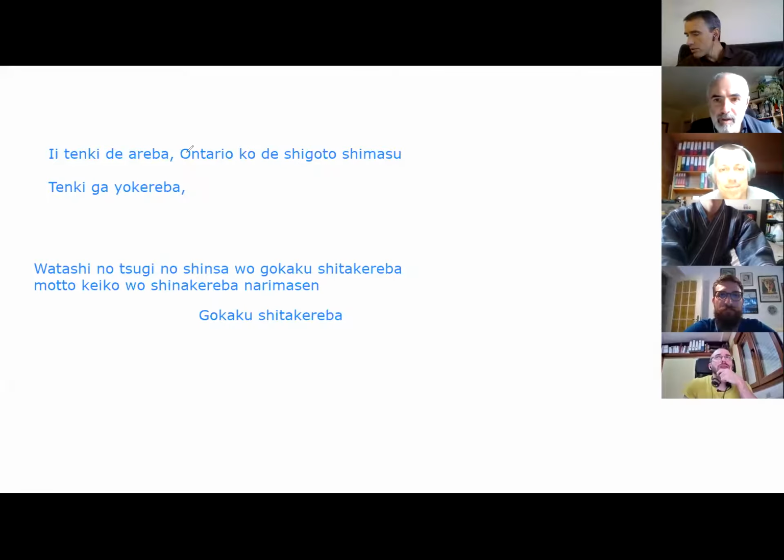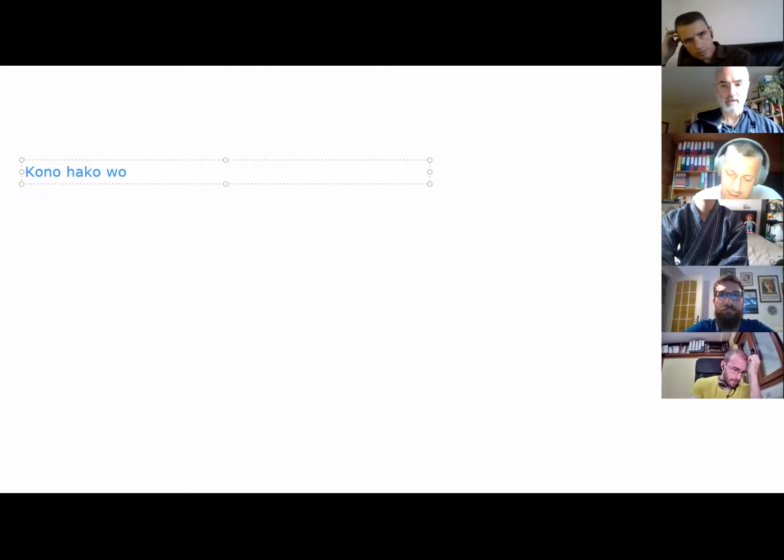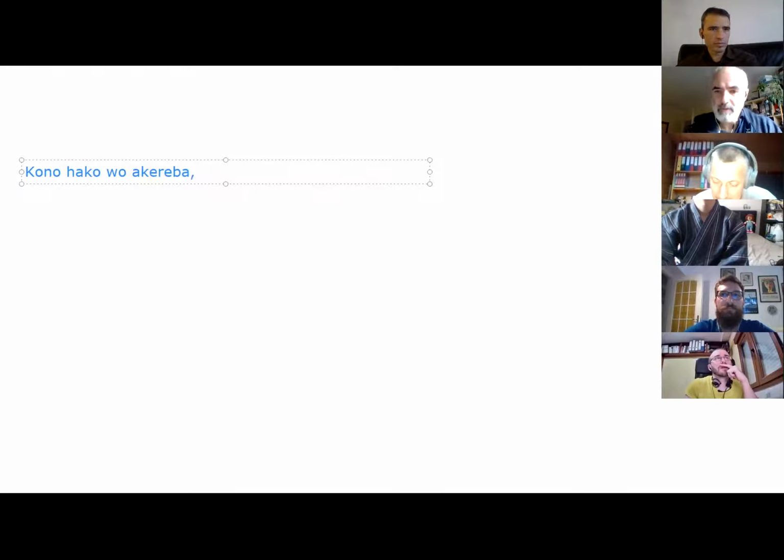Clear my drawing. There we go. Okay, so Joseph, do you want to start with what you think? If you open this box, then you'll be able to see what's inside it. この箱を開ければ Good. So that's the condition. If you open this box, and now you will be able to see what is inside it.